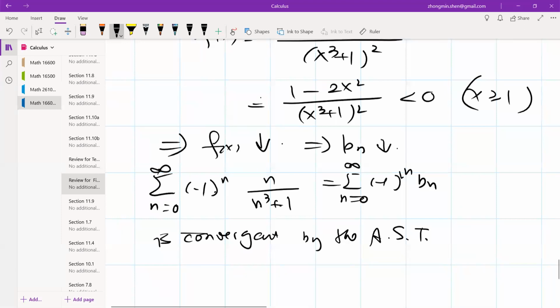I just wanted to see how many students use a ratio test. Come on. So I just give you one. Pay attention, don't use a ratio test again for problems like that.